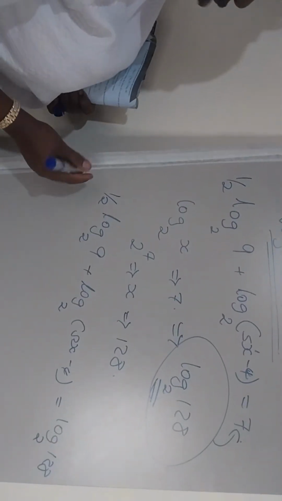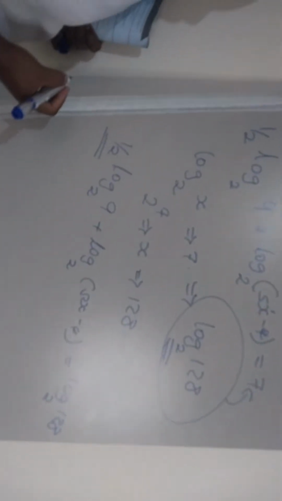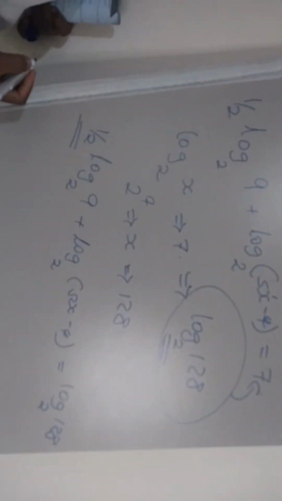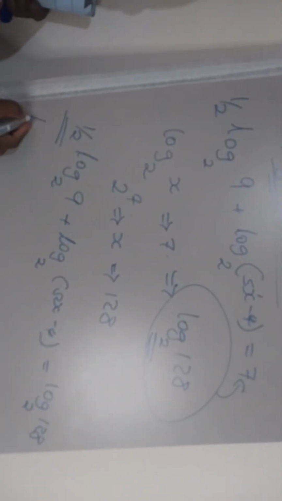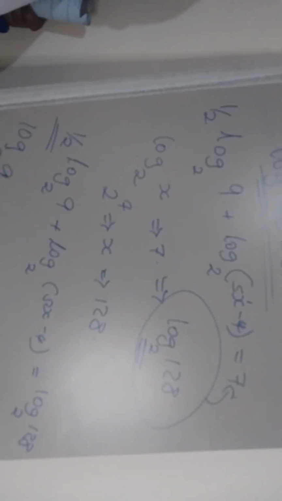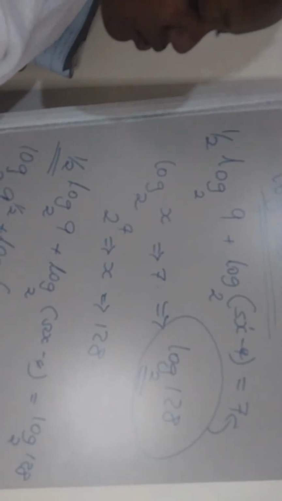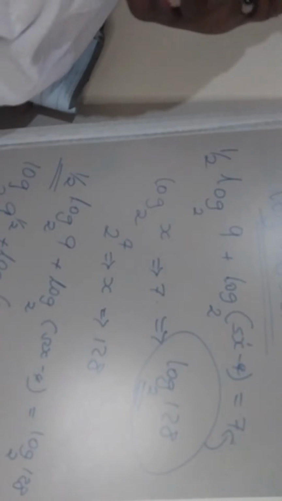A number that exists before the log is simply a power of the number. What do I mean? Like a half was existing before the log, so it will simply be a power of 9 plus log 5x minus 4 to the base 2 gives us log 128 to the base 2.